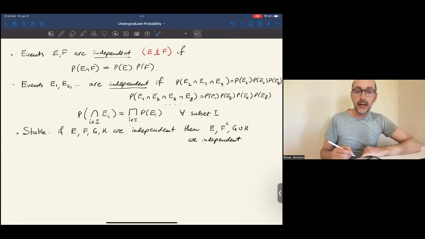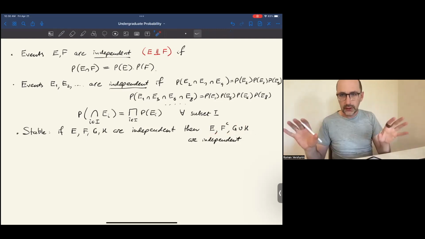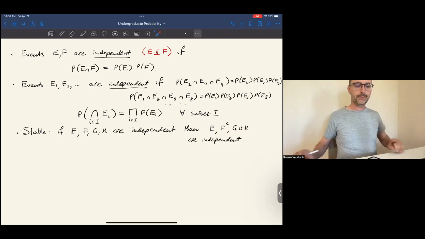We're allowed to apply any set operations, complement, union, intersection, or any combination of them, and the events will still be independent as long as they involve different events.